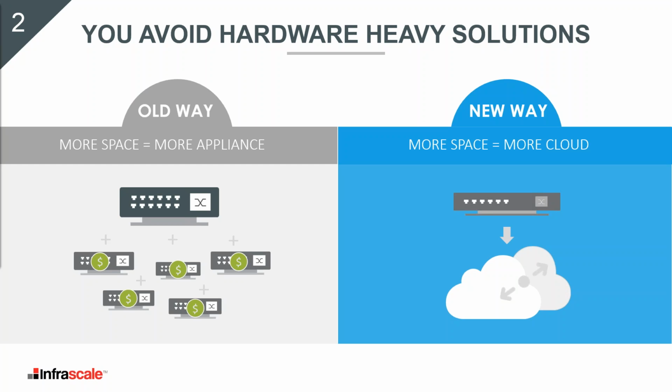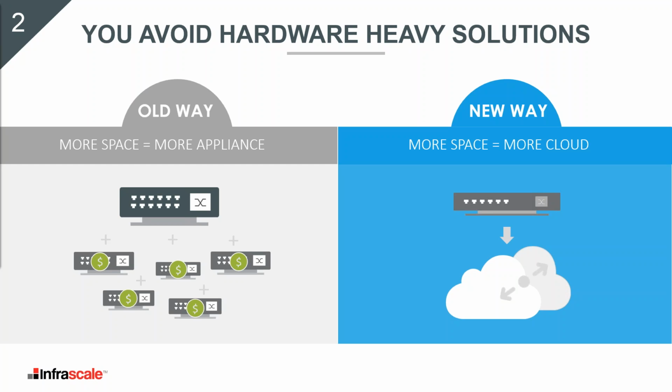It's the old way of doing disaster recovery, where you buy an appliance, you end up filling that up, so you buy another one as your data grows, you fill that up again, buy another appliance, and just continue this cycle where if you need more space for your growing data, it's just going to be more hardware and another appliance on top of another.